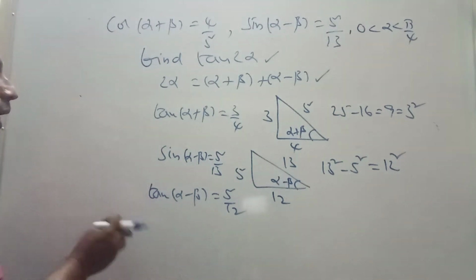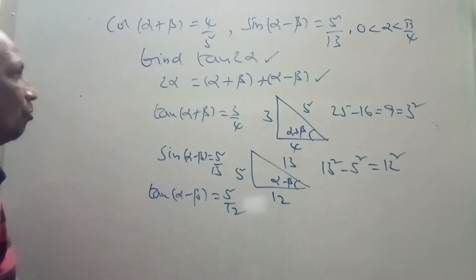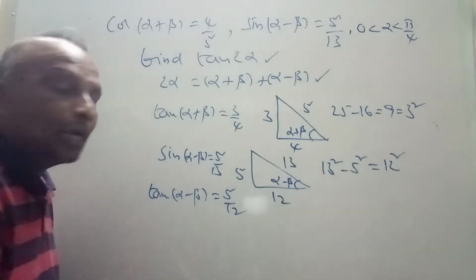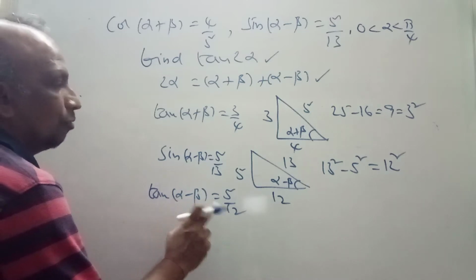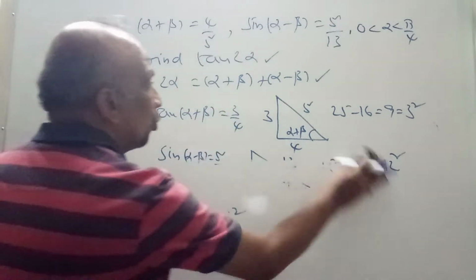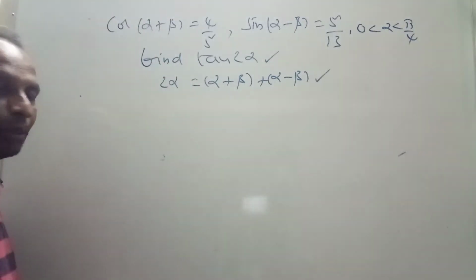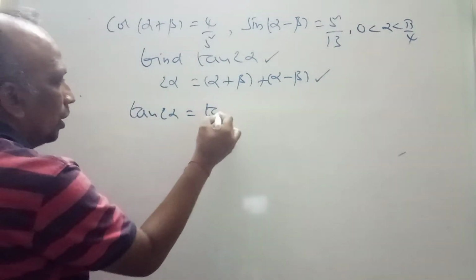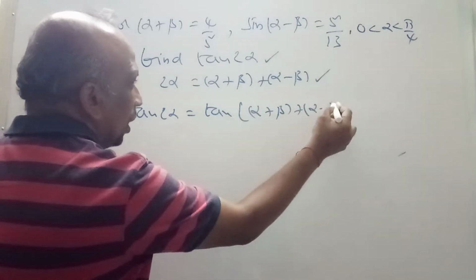So remember, tan of alpha plus beta is 3 by 4 and tan of alpha minus beta is 5 by 12. Now after that, what I will do, you can consider tan 2 alpha, which is tan of alpha plus beta plus alpha minus beta, right?